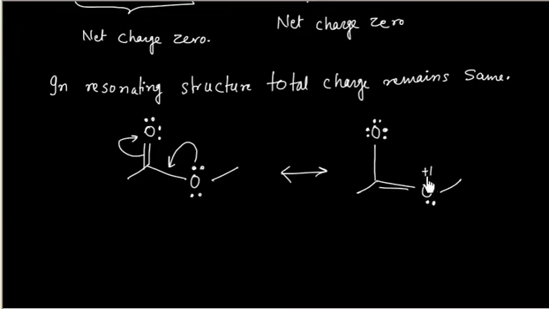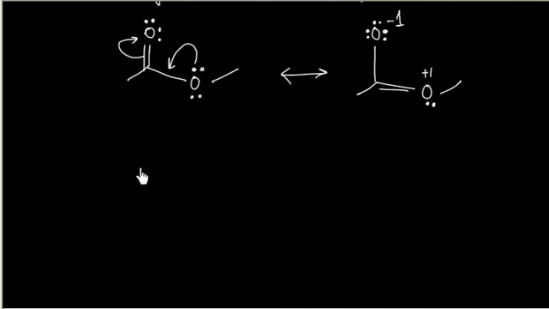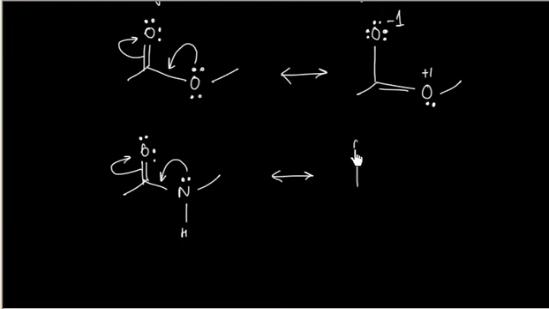This oxygen will have a +1 formal charge and this oxygen will have a -1 formal charge. We can also have this molecule, a lone pair adjacent to a double bond. So this goes here, this goes here. So oxygen will have a -1 formal charge and nitrogen will have a +1 formal charge.